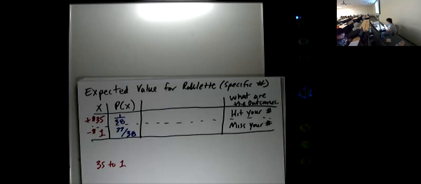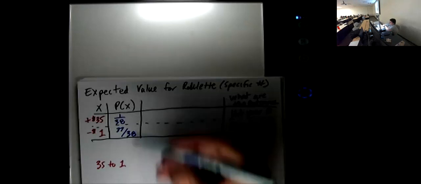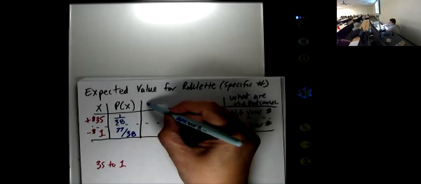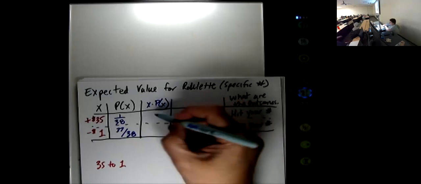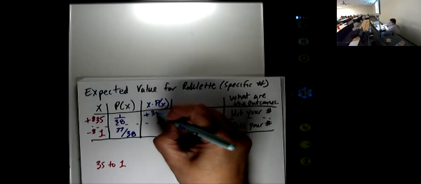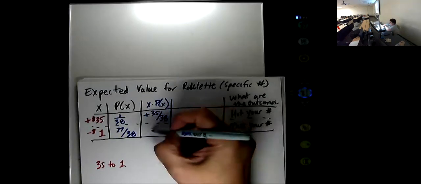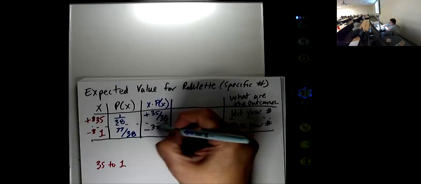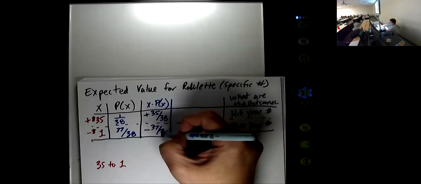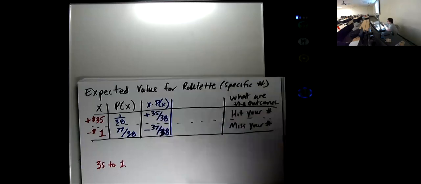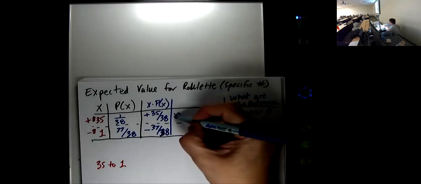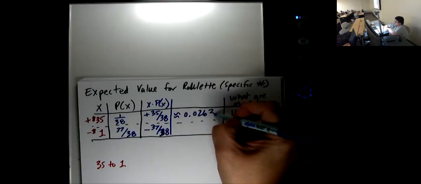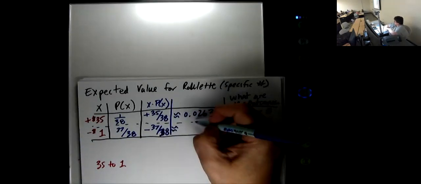So if I multiply this, I get X times P of X. This ends up being plus 35 over 38, and this ends up being minus 37 over 38. And that's not very helpful for us. We want to think in terms of money, because we were talking about money. This is approximately 0.0263.